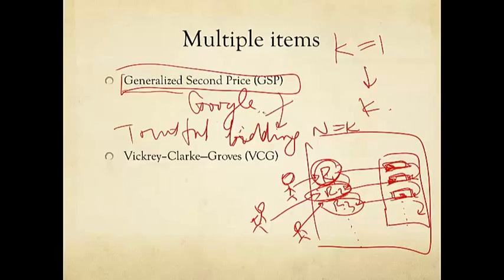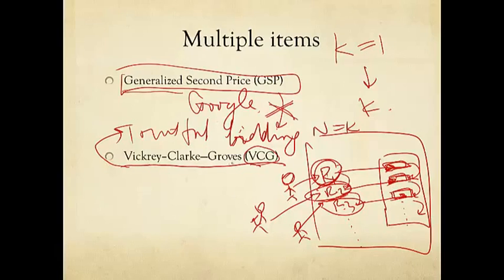Turns out the answer is no. There are special cases where it does, but generally speaking, GSP does not. So there must be something else going on here. And indeed, if you want to induce truthful bidding, you need something called the Vickrey-Clarke-Groves, VCG, auction for multiple items, named after 3 economists.